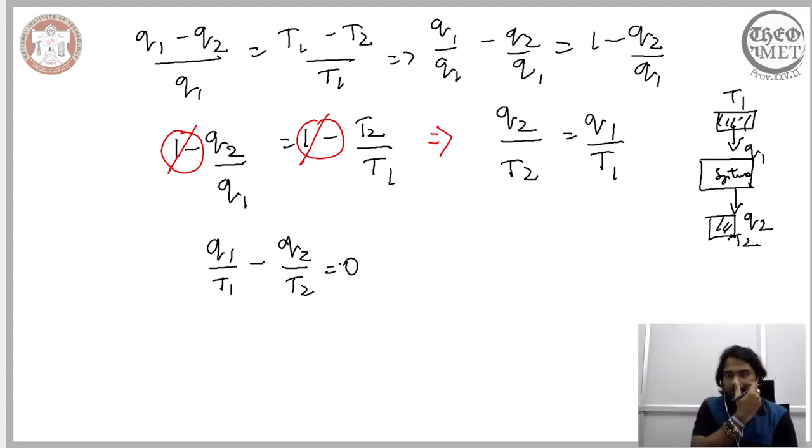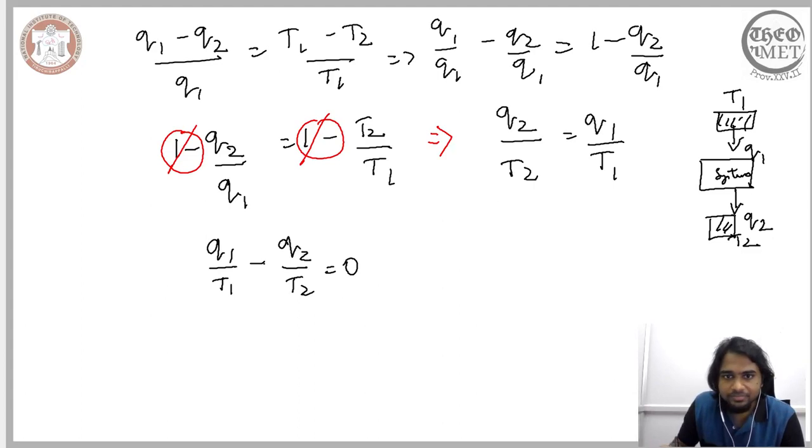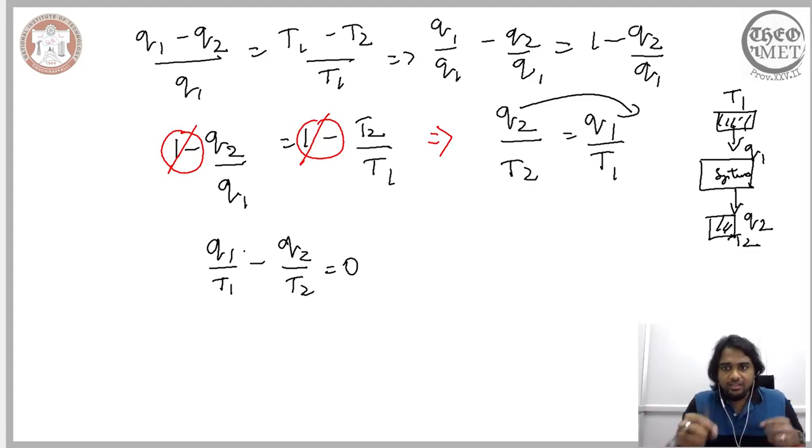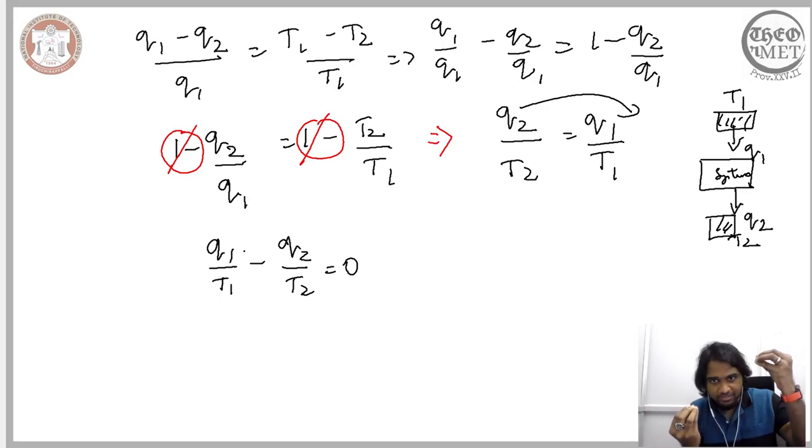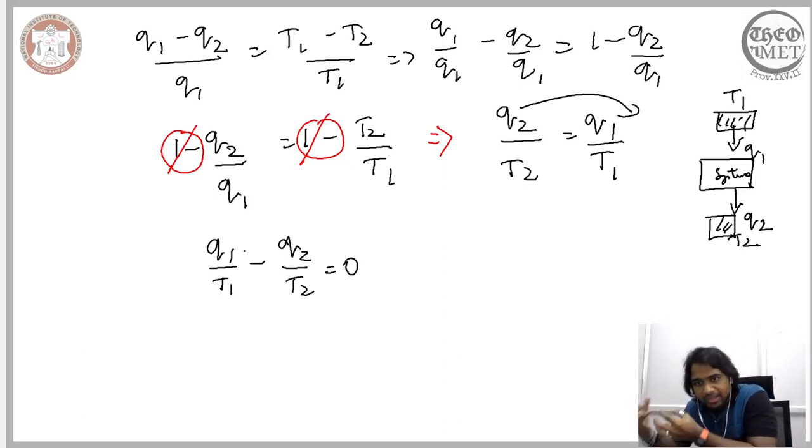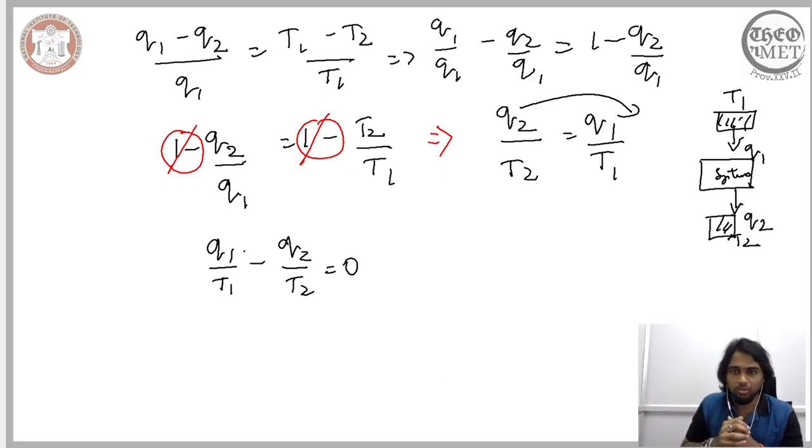So when you bring this term here and express it, we arrive at this expression: the heat transferred to the system from a specific reservoir is equal to the heat that is lost to another reservoir held at the low temperature.